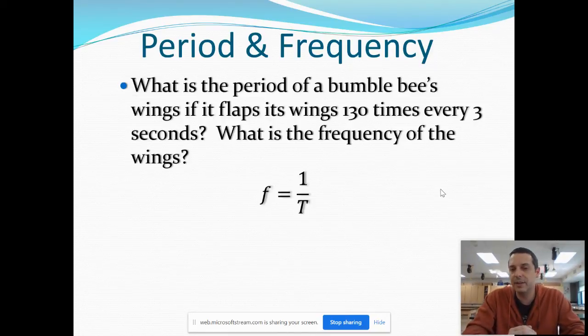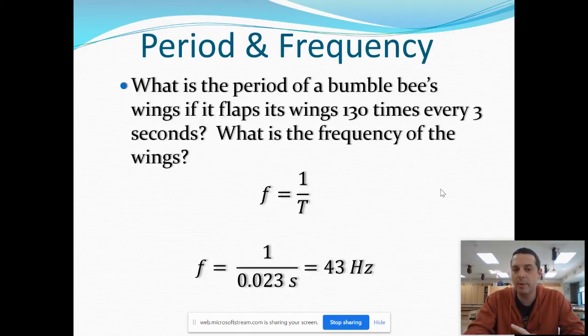Period and frequency are inverse functions of each other. So if you have period, which we do, now we can figure out what the frequency is. Frequency is 1 over period. That would be 1 over 0.023 seconds. 0.023 seconds is how much time it takes it to flap its wing 1 time.